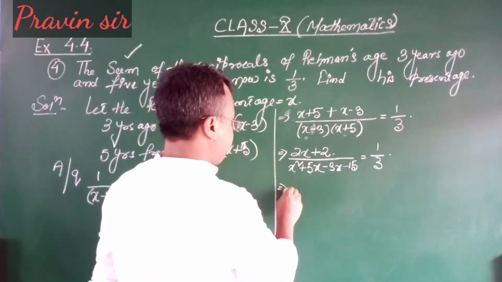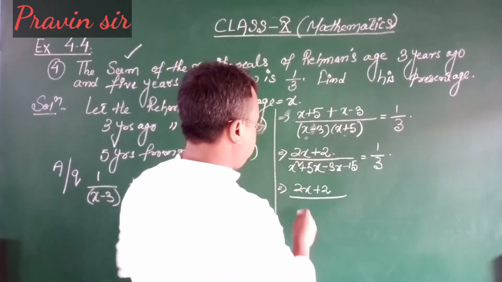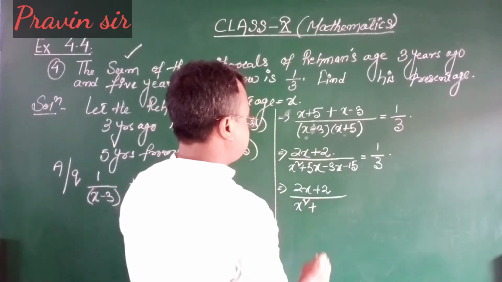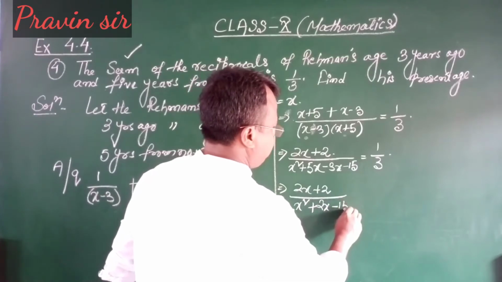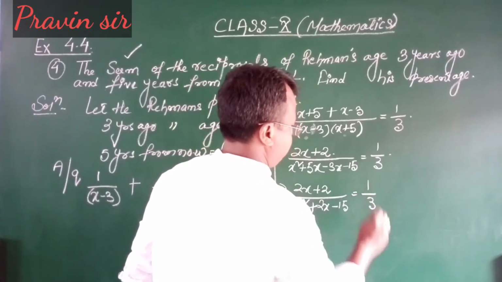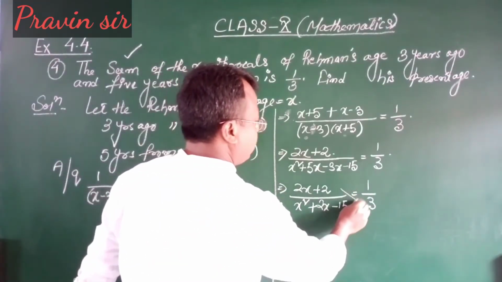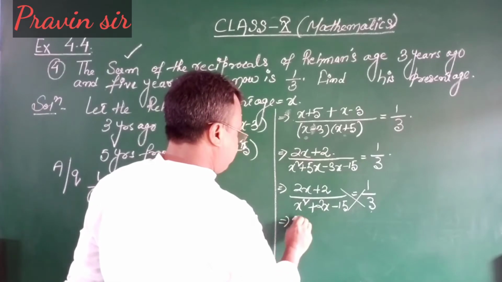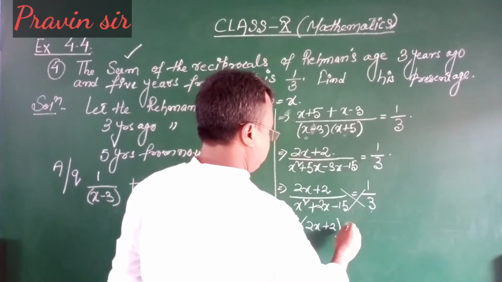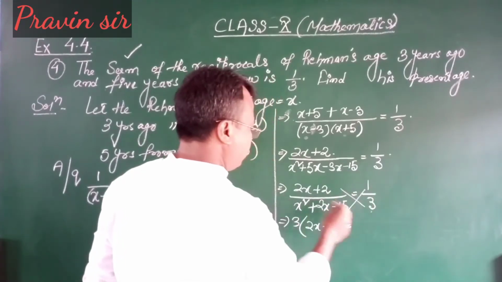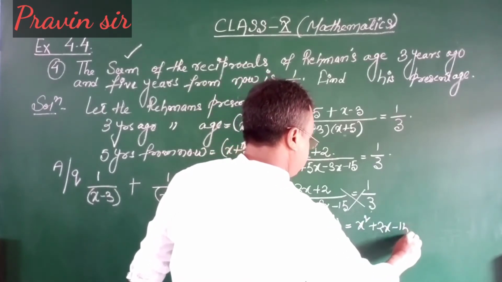So it implies 2x plus 2 divided by x square plus 5x minus 3x, it is 2x, minus 15, is equal to 1 by 3. Now you can cross multiply. If you cross multiply, you get 3 into 2x plus 2 is equal to 1 into x square plus 2x minus 15.